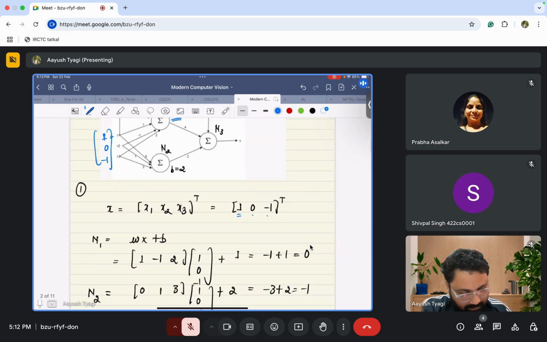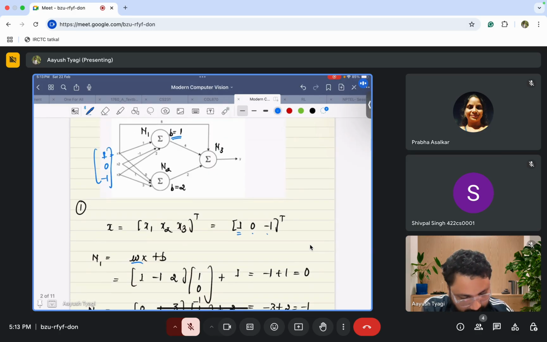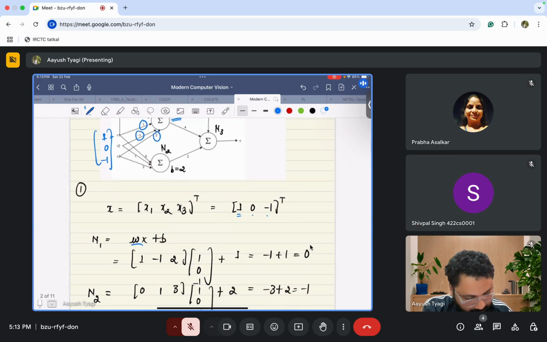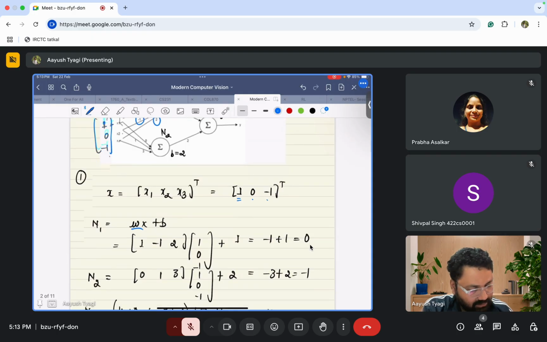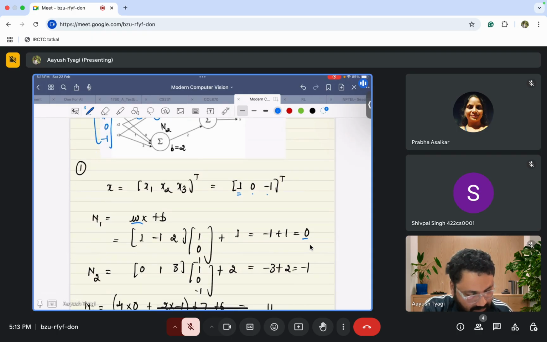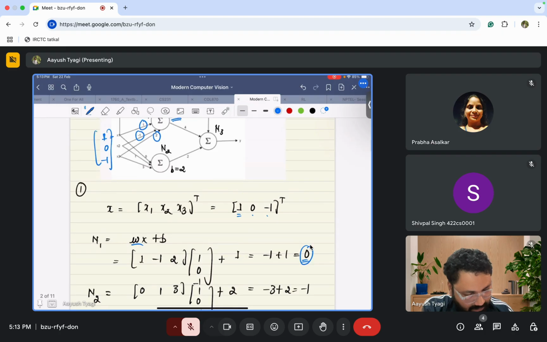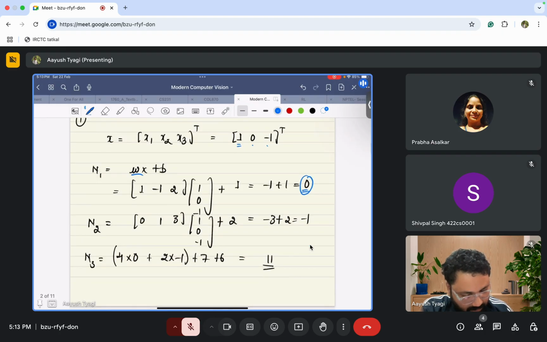So n1 is equal to wx plus b, where the weights w are 1 minus 1 and 2, and the input is 1 0 minus 1. If you do this computation, it turns out to be 0. If you check n2, the weights are 0 1 and 3.